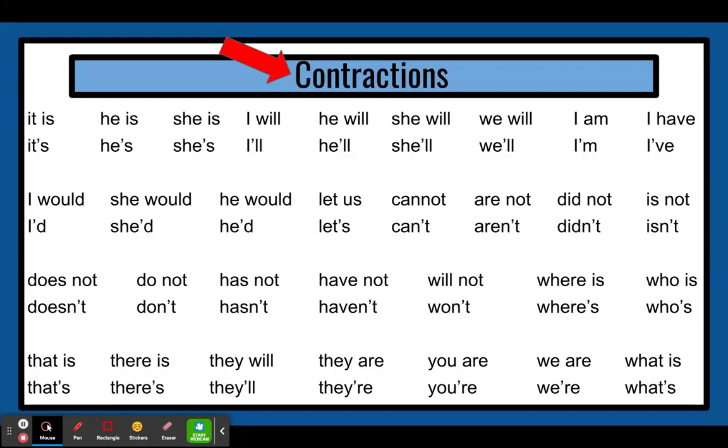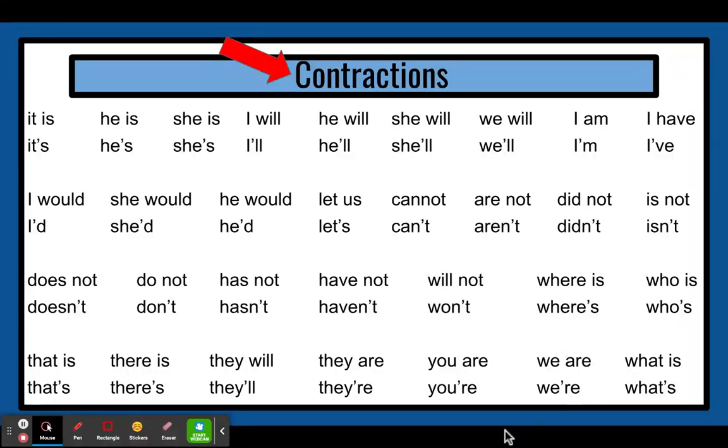Next part, we have does not becomes doesn't. Do not becomes don't. The O changed the sound, but the words didn't change the meaning. This apostrophe just takes the place of that O, and we just say don't. Has not becomes hasn't. Have not becomes haven't.